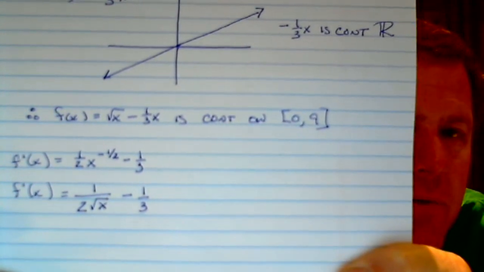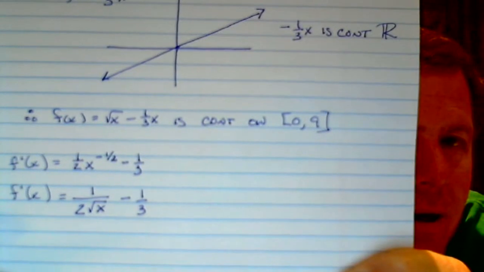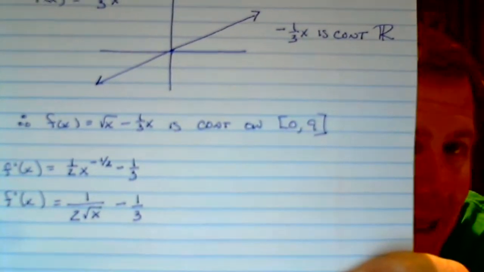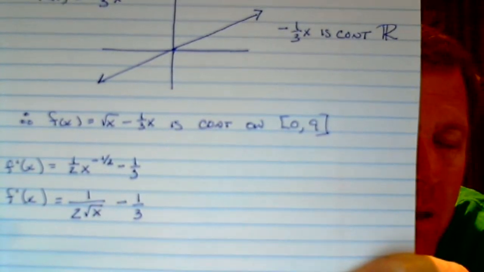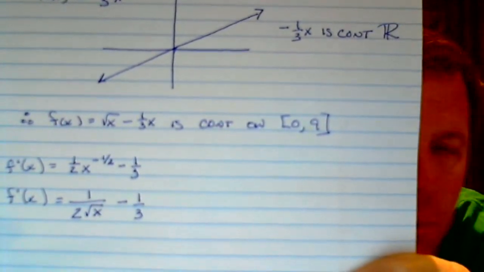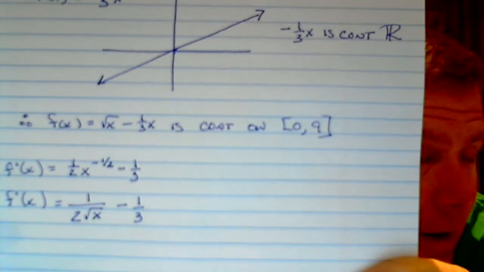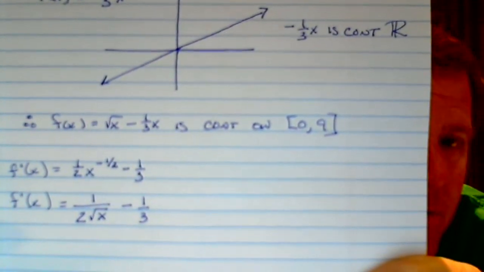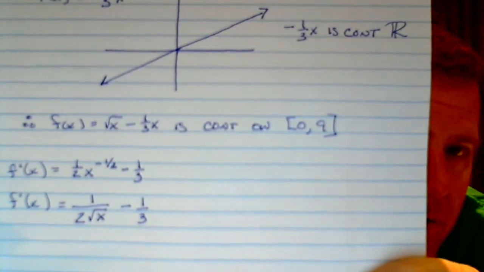If we look at our derivative, we can see it's clearly not defined at 0. And in fact, it's not defined for any negative value of x as well. However, our open interval from 0 to 9 does not include 0, nor does it include any negative values of x.